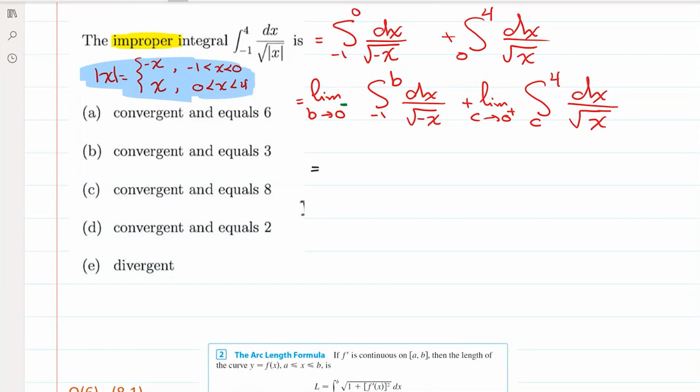So du will be minus dx. So it will be minus the limit as b goes to 0 from left of u to the power minus half. When you find its integral, u to the power minus half, it will be u to the power half over half.